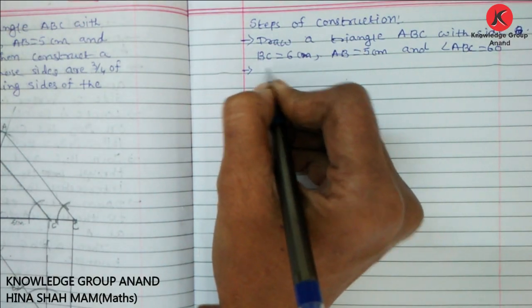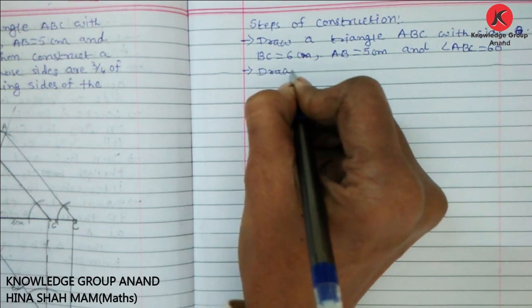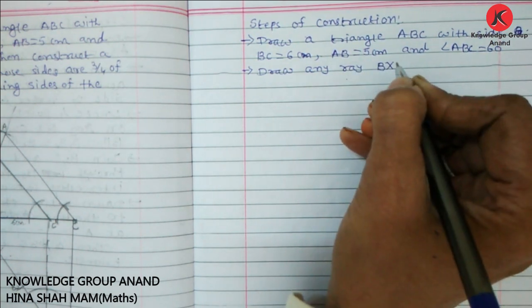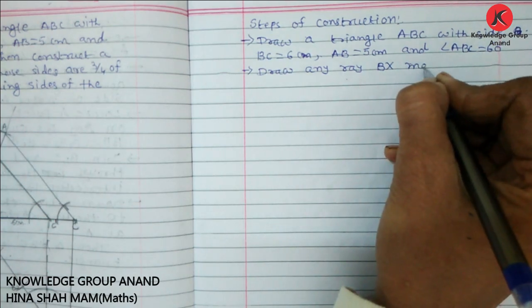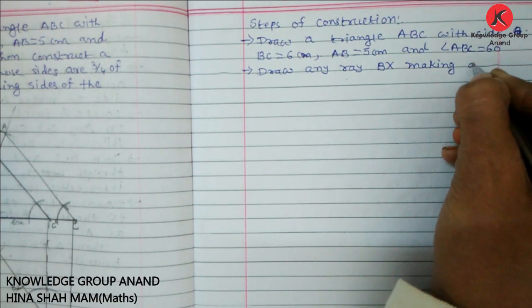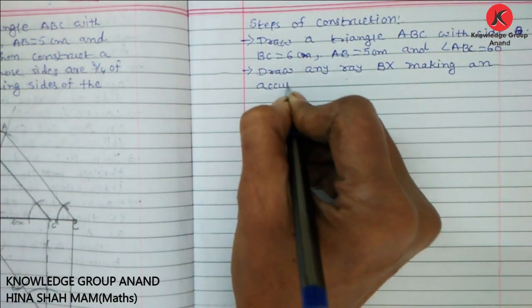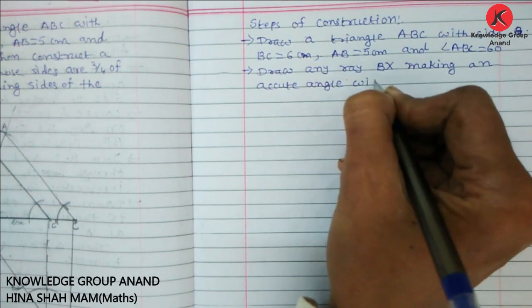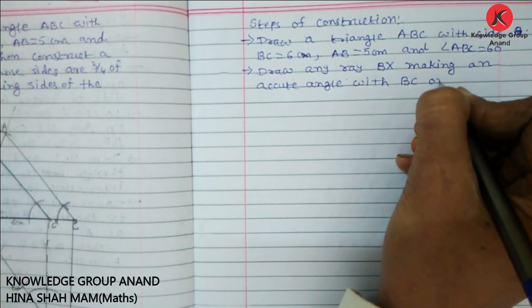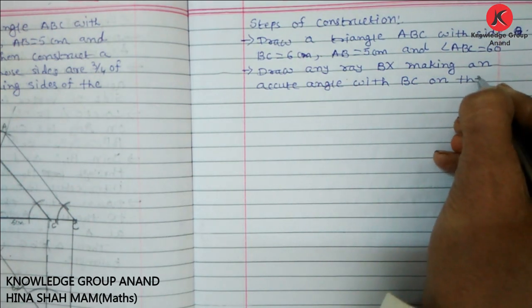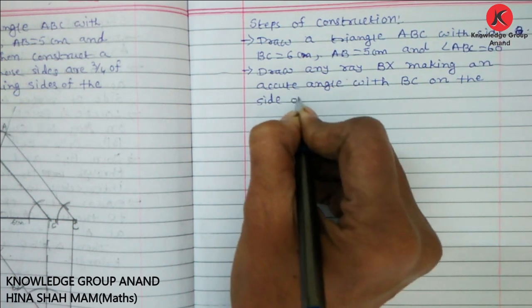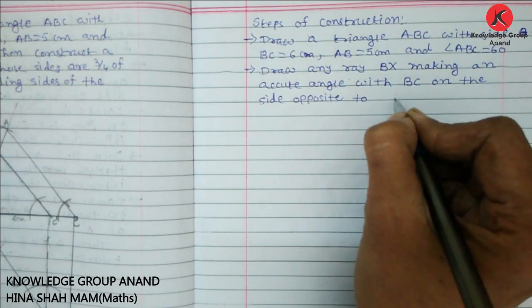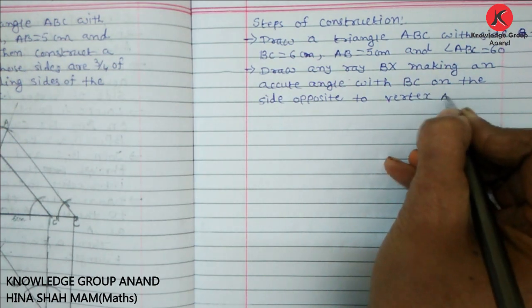Then we draw any ray BX making an acute angle with BC on the side opposite to vertex A.